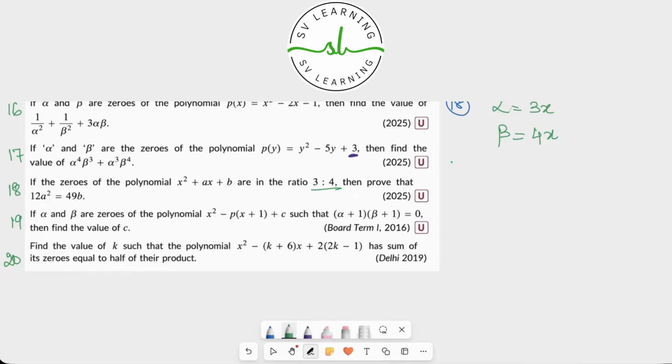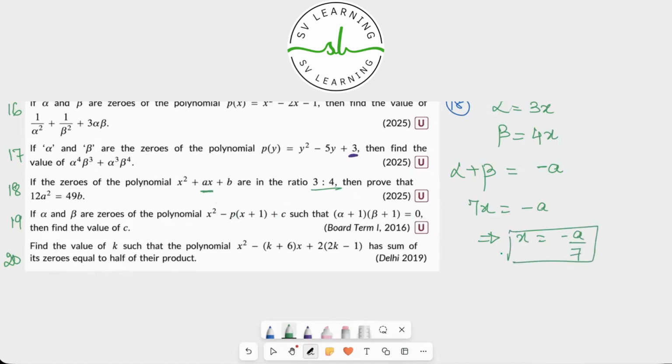So what I will do here is, I know that alpha plus beta is minus b by a. So according to the polynomial, minus b by a is just minus a. But alpha plus beta is 3x plus 4x, which is 7x is equal to minus a. Or I can just maybe say x is equal to minus a by 7.